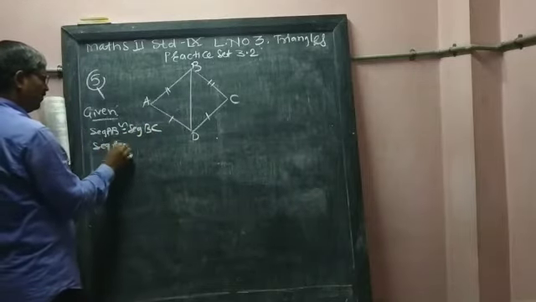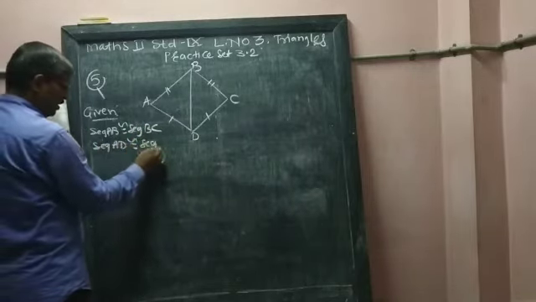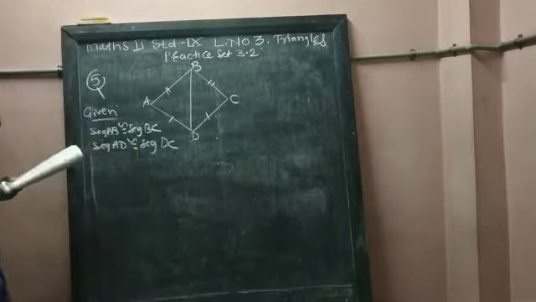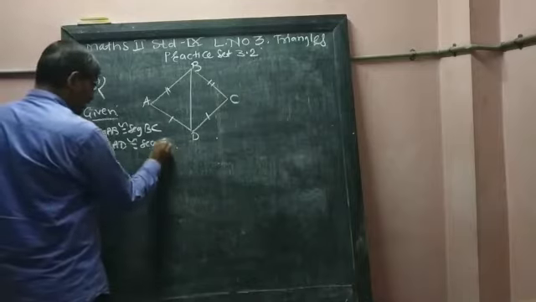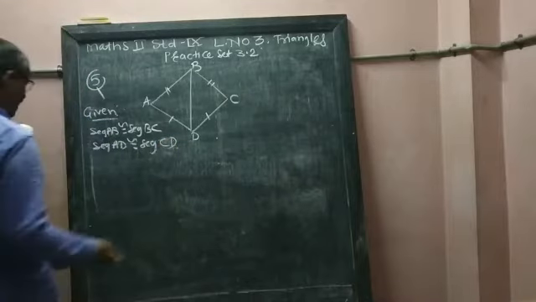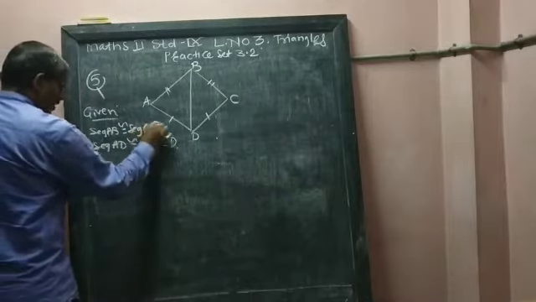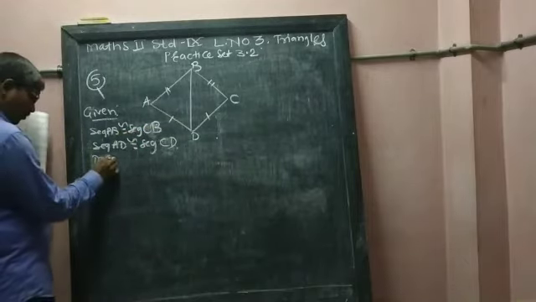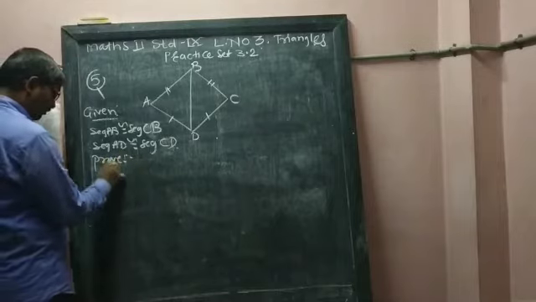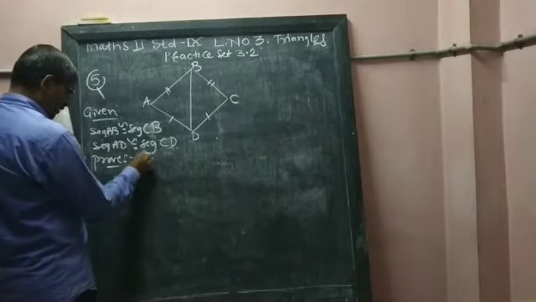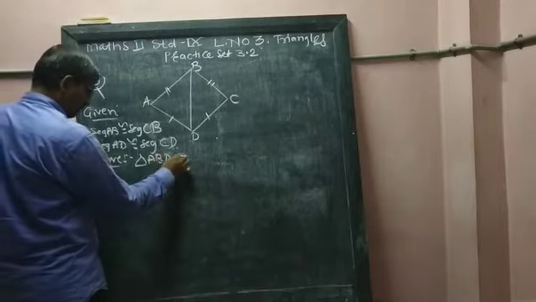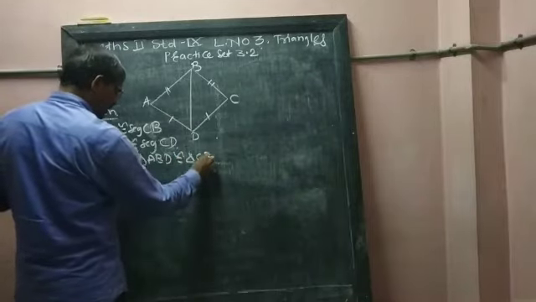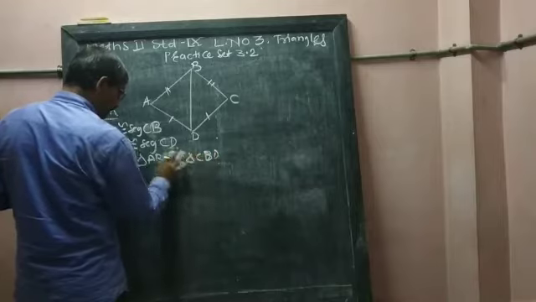Seg AD congruent seg DC, or CD. You may write CD here. Then you are told to prove: triangle ABD congruent triangle CBD.